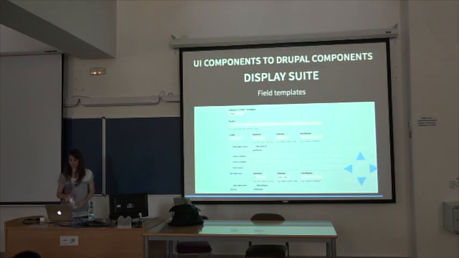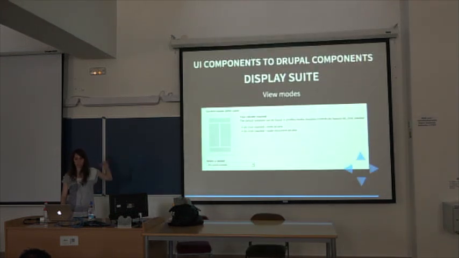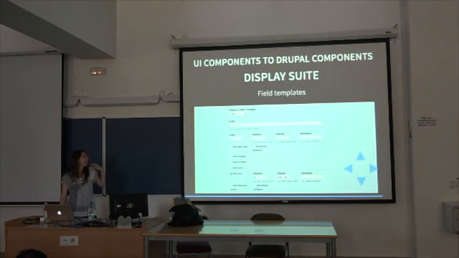Another great thing in Display Suite, I think that last one, is important, and you cannot do anything without that. It's really important because you can change the output of the elements inside the components, and that's removing a lot of divs.